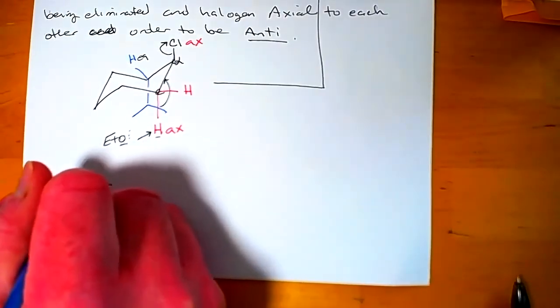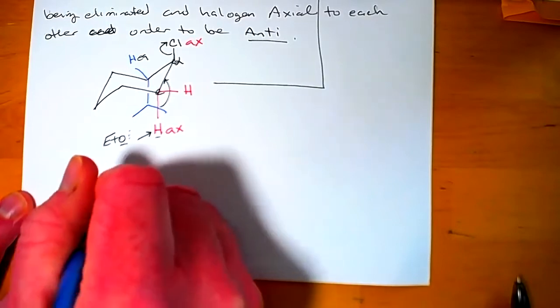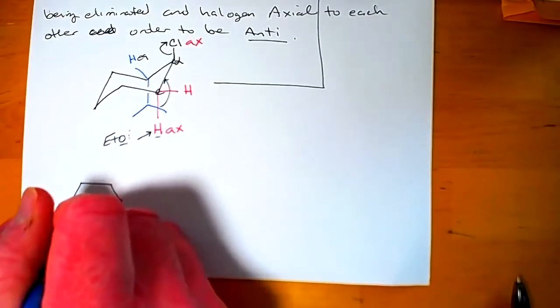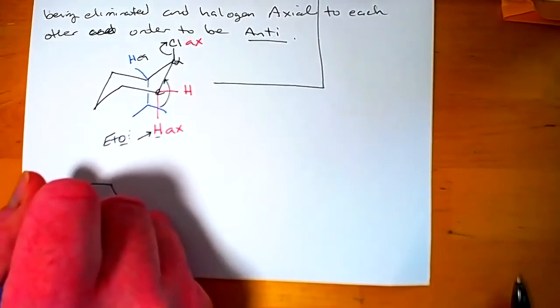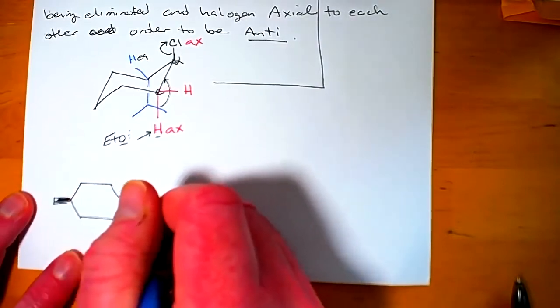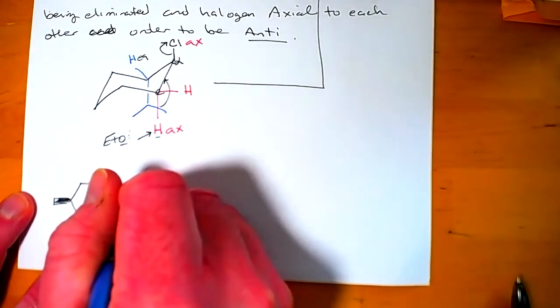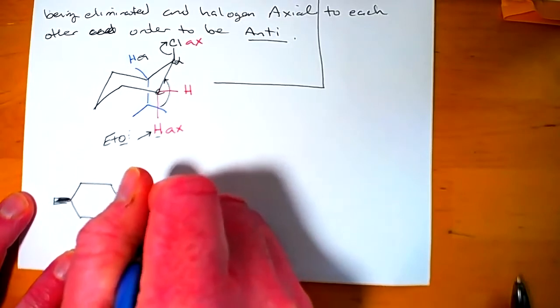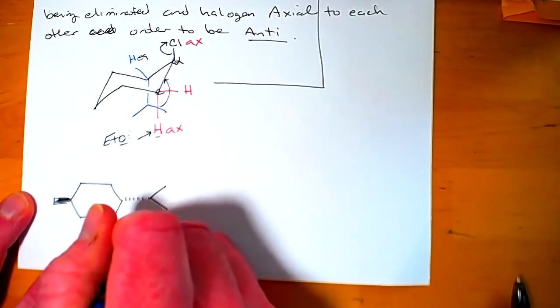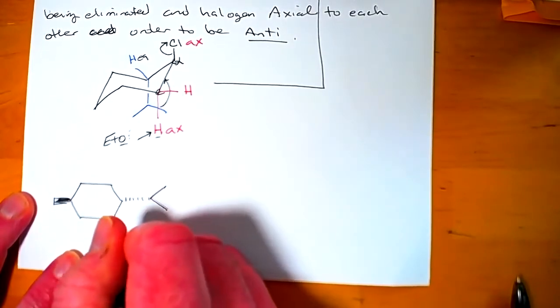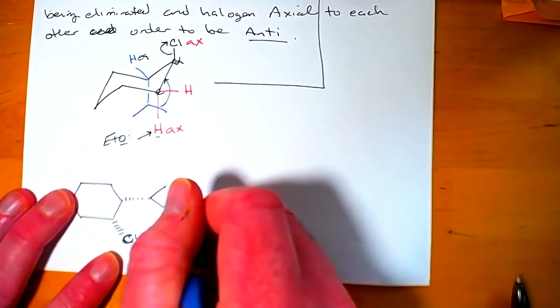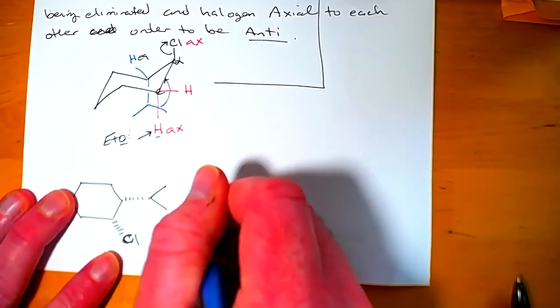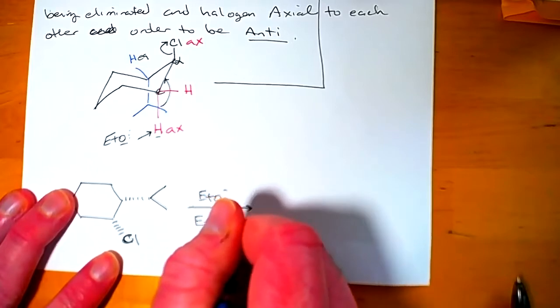Let's try this with another one. I'm going to change it up just a little bit. So now I've got this group out here, okay, with a chlorine now. And we're going to treat this with ethoxide and ethanol.